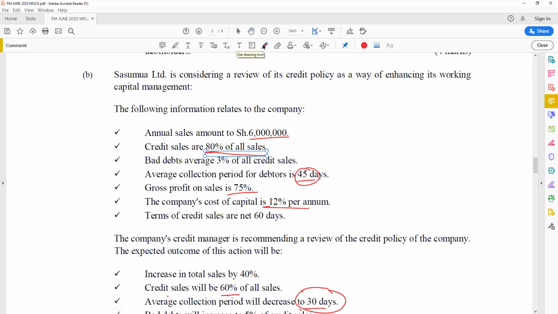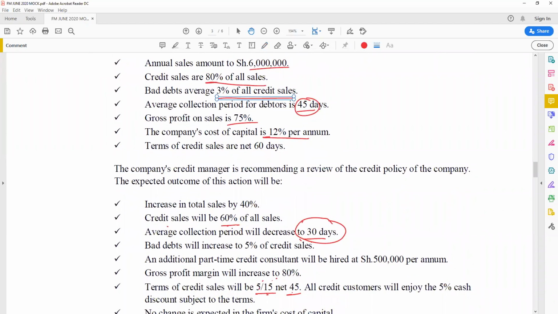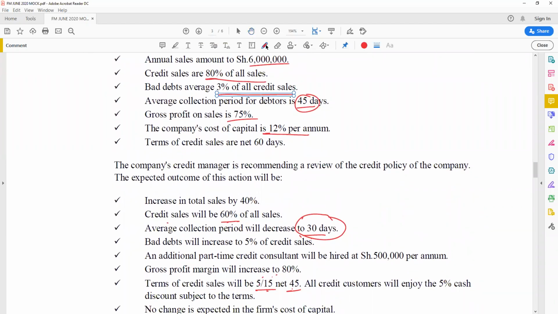This company has bad debt. 3% of the company's current sales are bad debts. If the company implements the proposal, the bad debt of the company will be 5%. So they are increasing to 5% of the company sales. This is an expense to the company, because the bad debt is increasing from 3% of the company sales to 5% of the company sales on credit. Let's work it out.